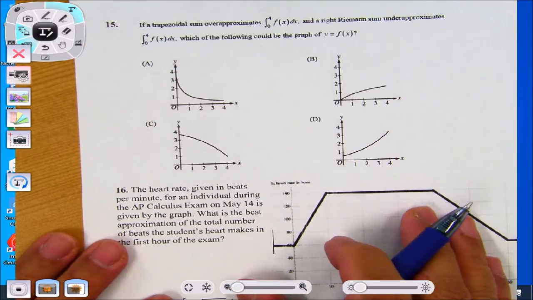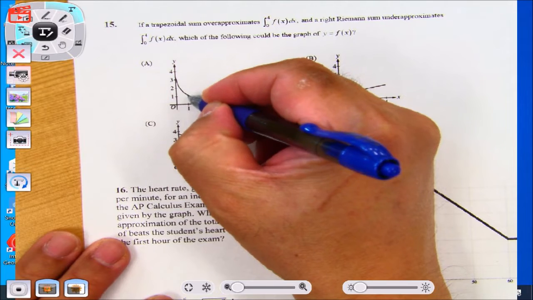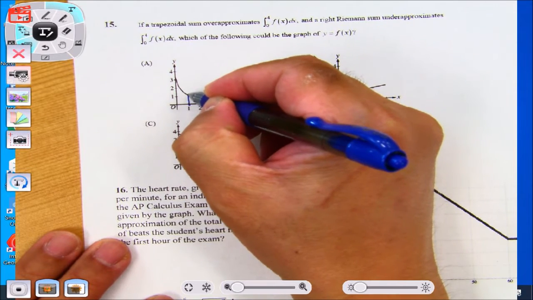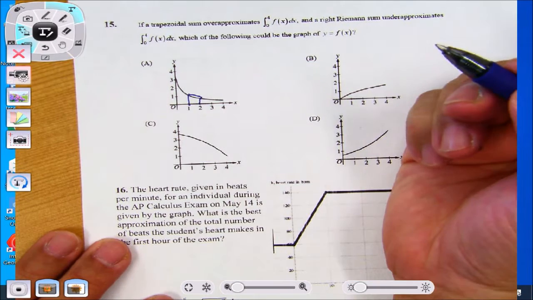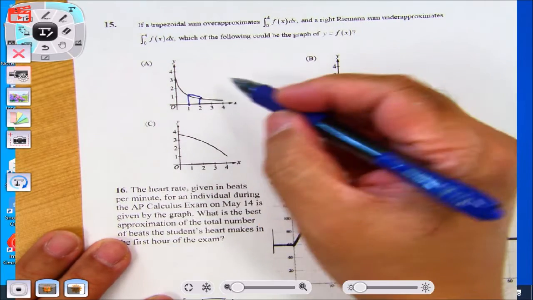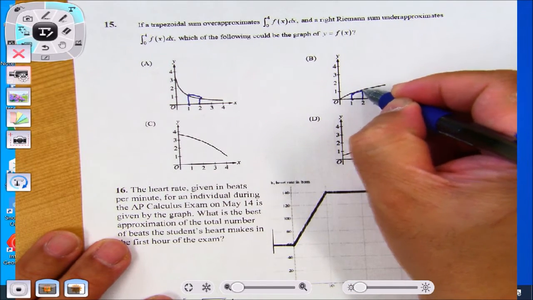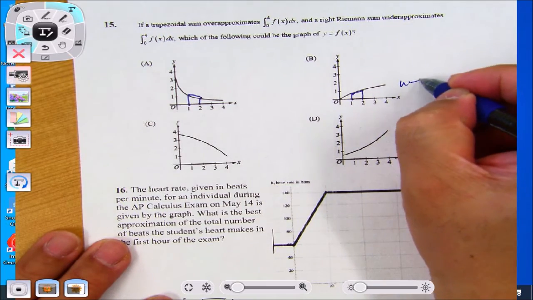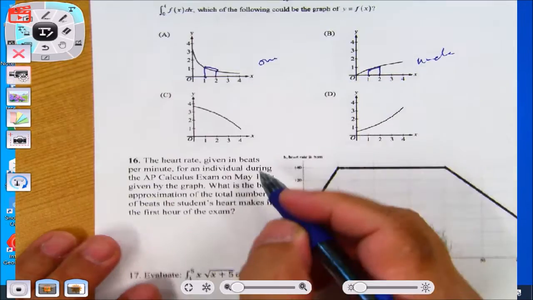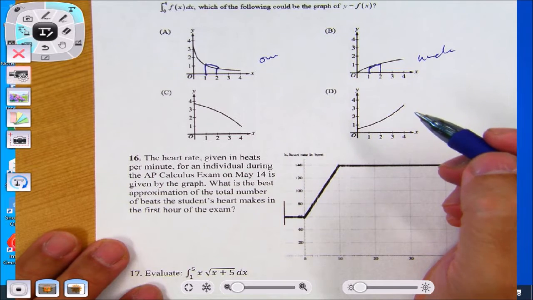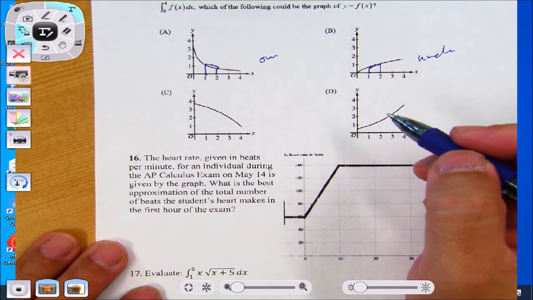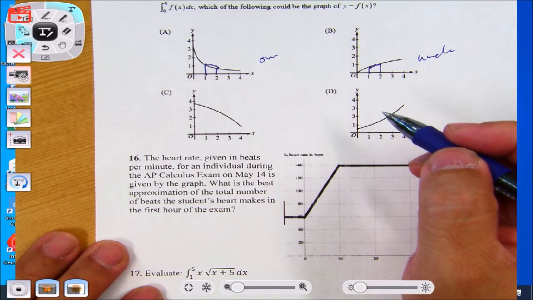That's what I would do when answering this question. Draw one trapezoid, like from 1 to 2. Is that going to be an over or under? That's an over. And if you draw this one, is that an under or over? Under. So this one's under, this one's over. Can we just look at the graph? If it goes like this, it's going to be an under. If it goes like that, it's going to be an over.